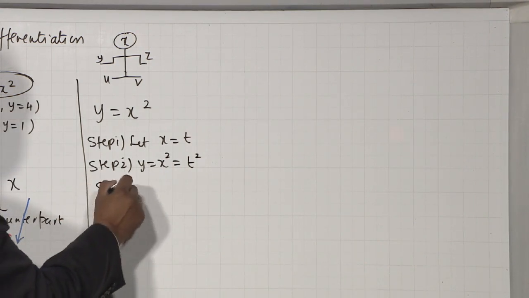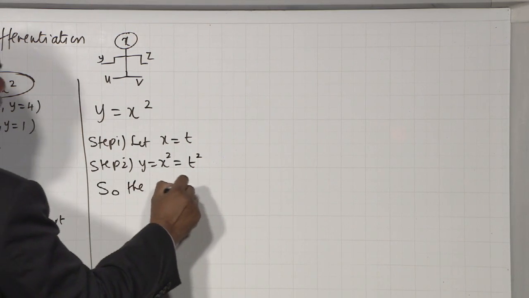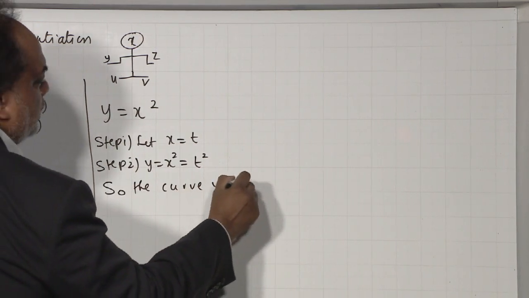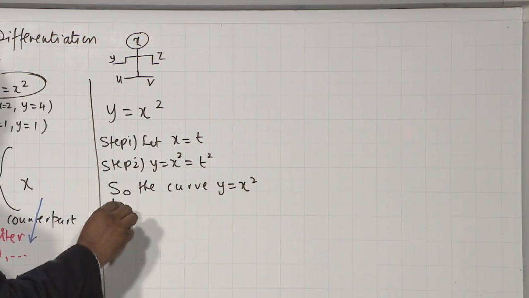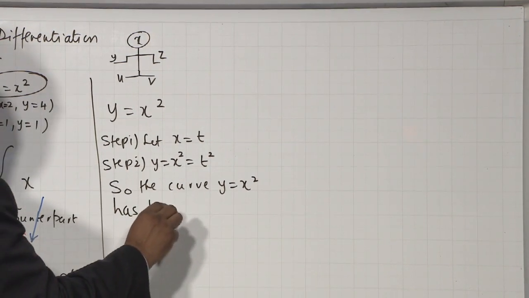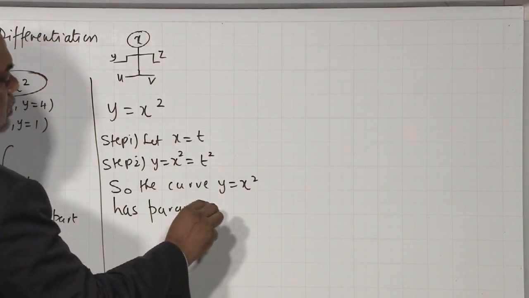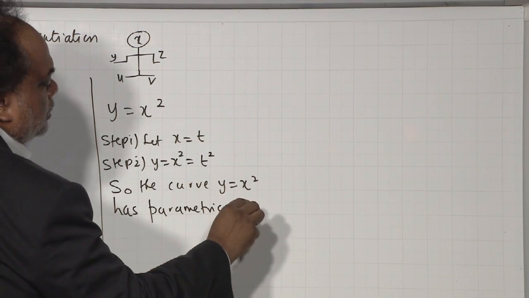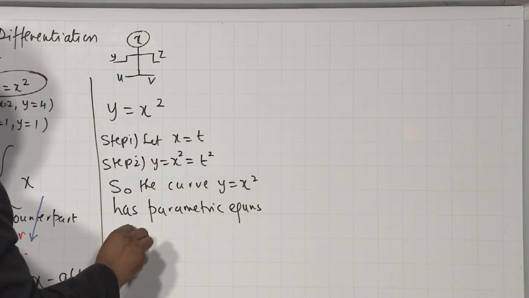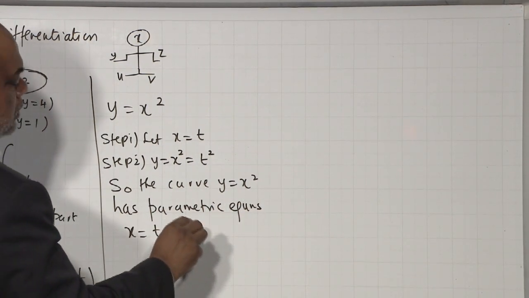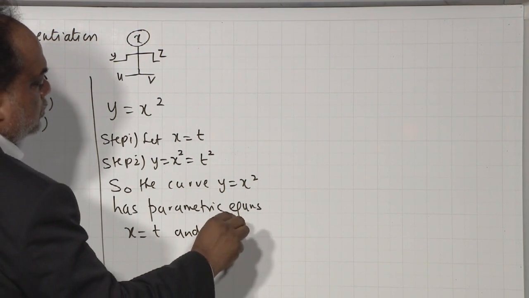So the curve y is equal to x squared has parametric equations x equal to t and y is equal to t squared.